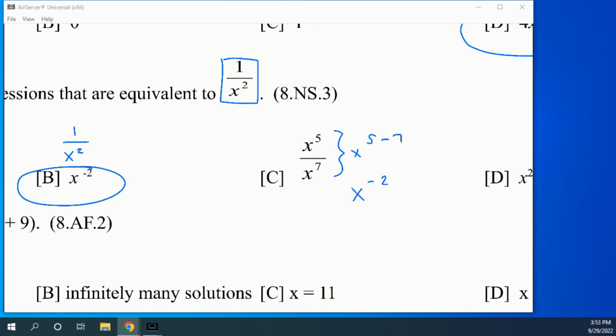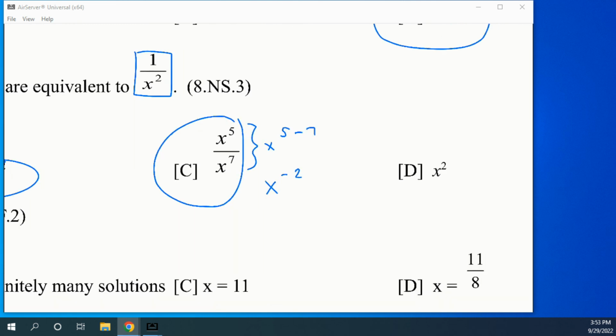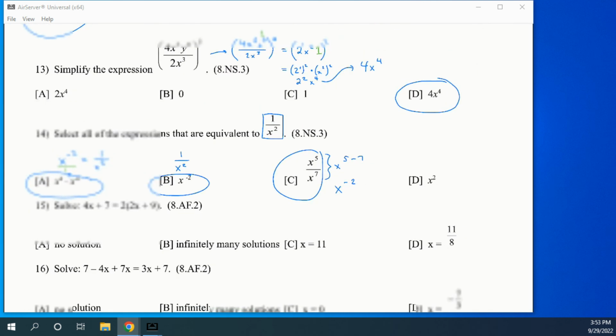Once you have x to the negative second power, you flip it. C also is a solution. D is not a solution because that is just x squared, and that's it. Yeah, so that's not the same as 1 over x squared.